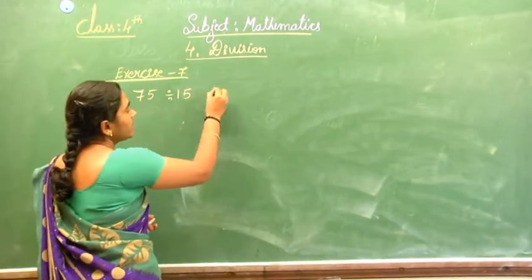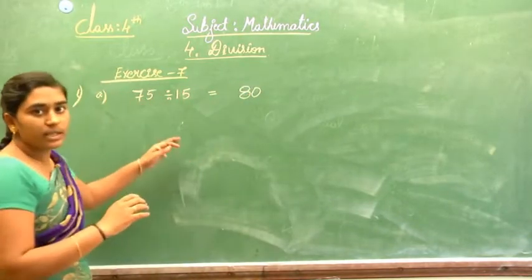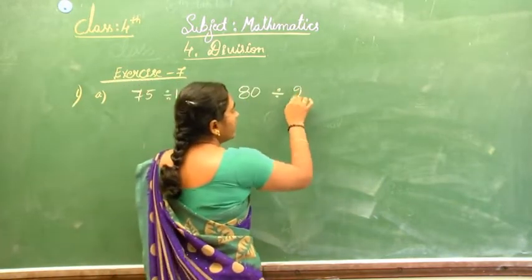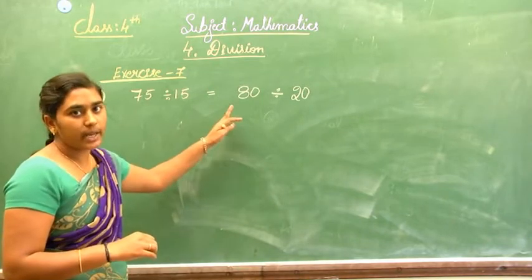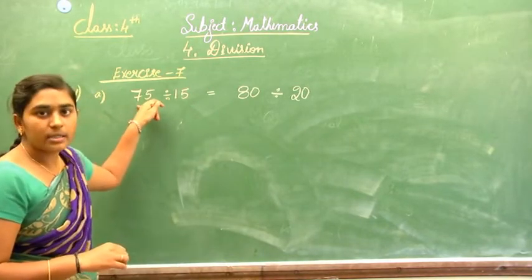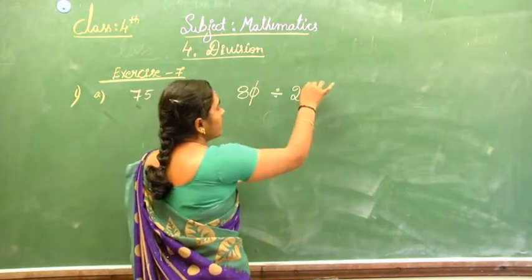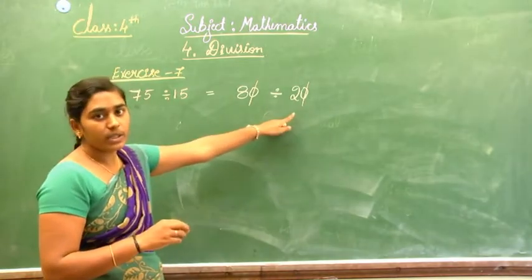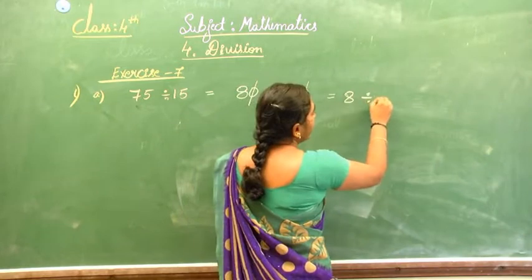To calculate it, we need to round off. 75 is nearest to 80 and 15 is nearest to 20. We have rounded to the nearest 10 because 10 is the highest place value. If zeros are there in the dividend and divisor, cancel out the equal number of zeros. Then the question will be 8 divided by 2.